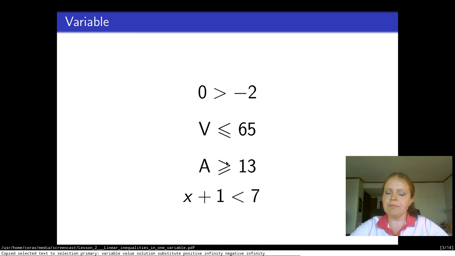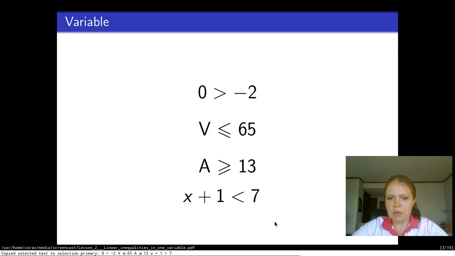So, variable. In lesson number 1, you probably remember we started to talk about the concept of inequality. The first example shows a simple comparison of two numbers: 0 is greater than -2, or -2 is less than 0.